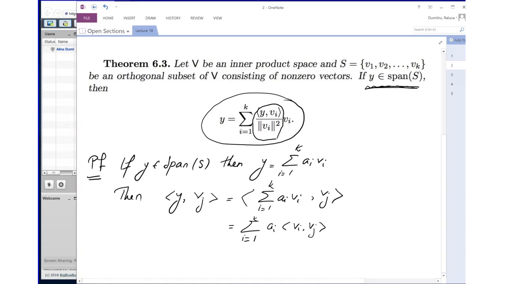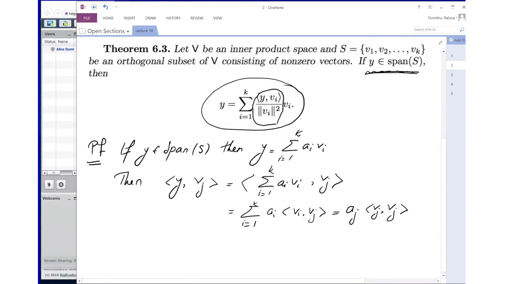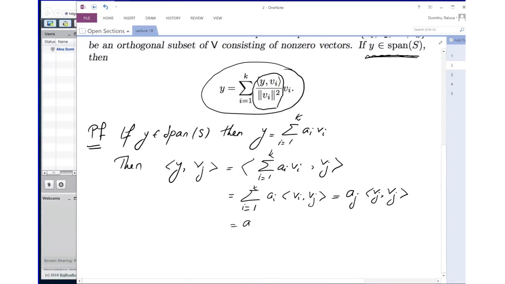So if j equals i, we just end up with a_j times the norm of v_j squared. So here it is. We started with this inner product, and we ended up with this. So that coefficient that we're trying to find, a_j, is the inner product of y and v_j, all over the norm of v_j squared.